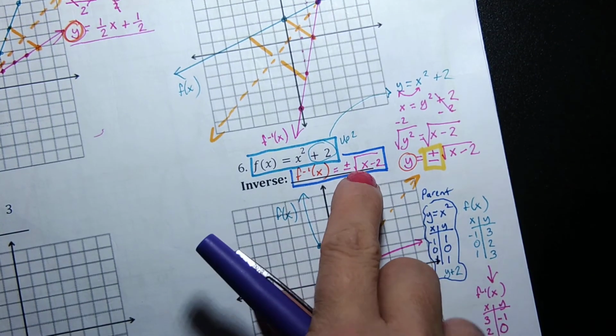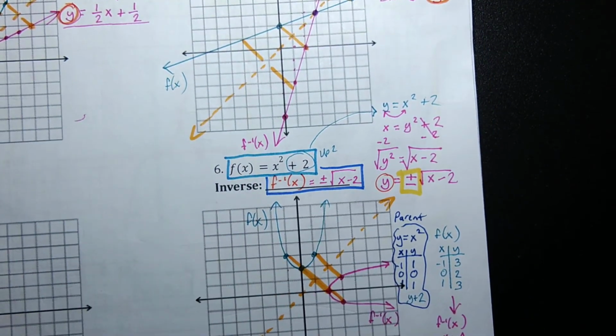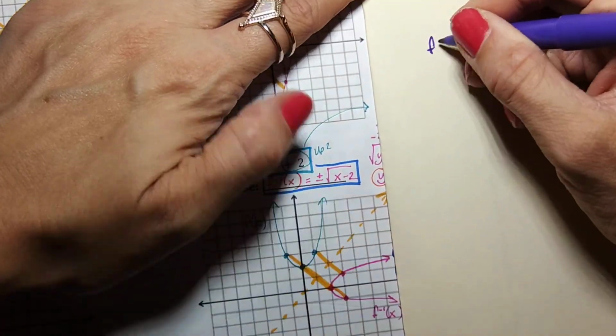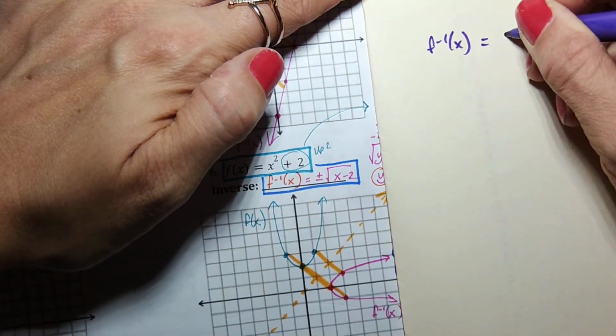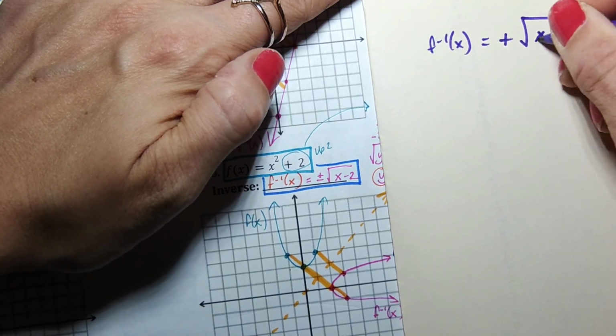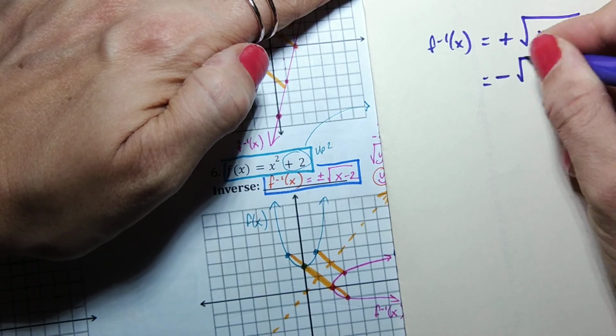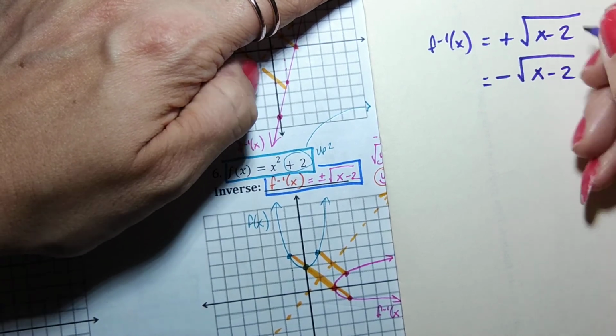So if I look at this inverse equation, it's a square root function. And it's like, well, we've been seeing square roots before with our parent functions, but what does the plus or minus do for it? That plus or minus actually makes this two separate equations. The first equation is positive square root of x minus 2, and the second equation is negative square root of x minus 2.